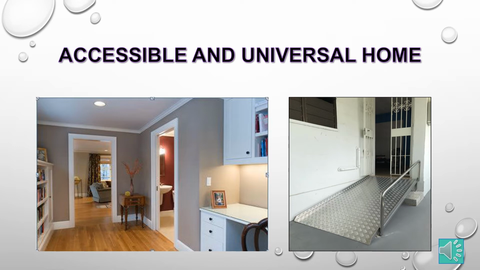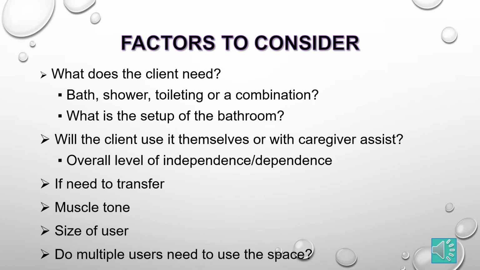And when we talk about an accessible home, one of the things that we must consider is the bathroom and toilet. But there are certain factors to consider. The factors that we should consider here are: what does the client need? Bathing, showering, toileting, or a combination of any of these? What is the setup of the bathroom?